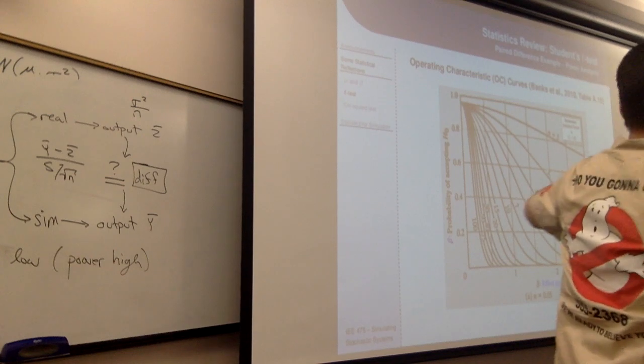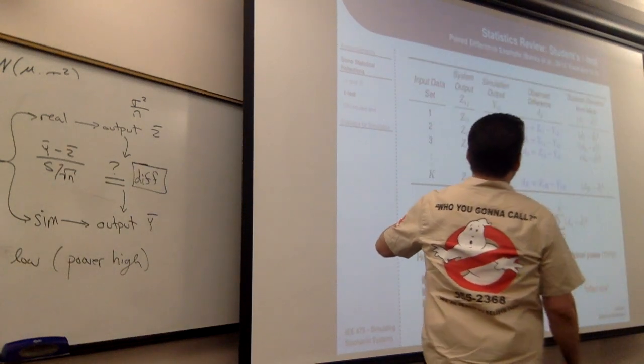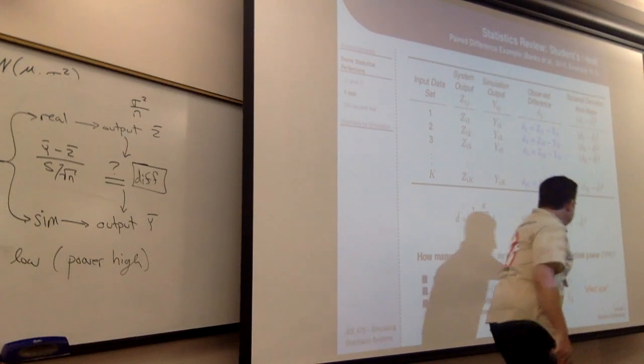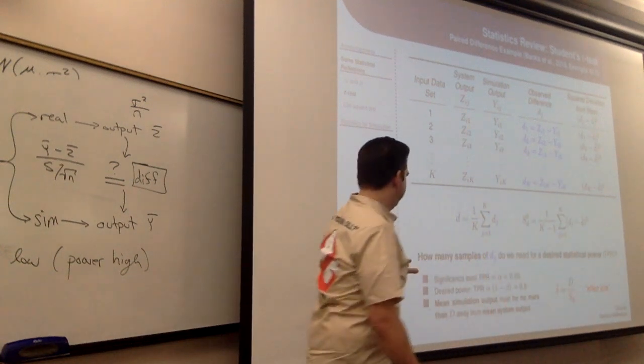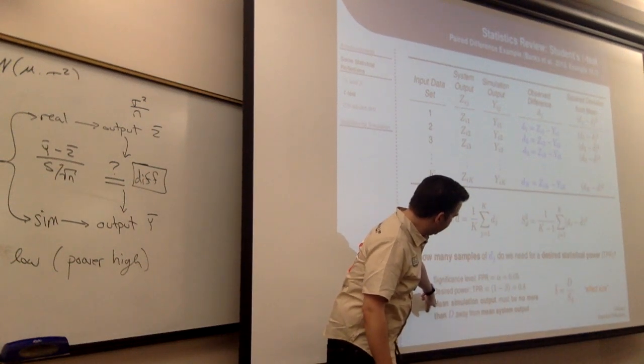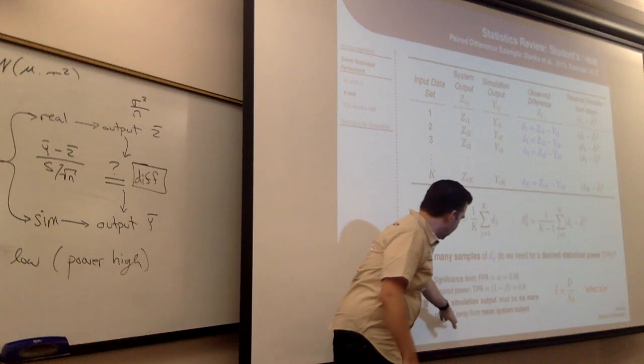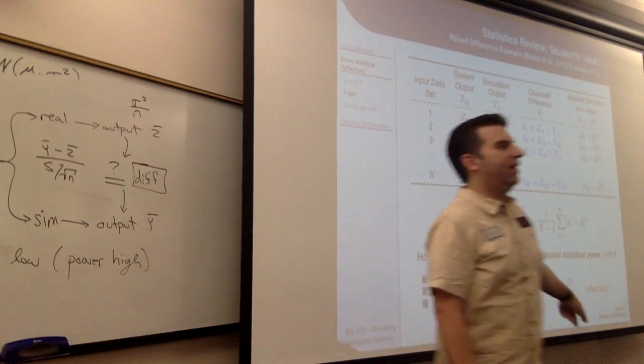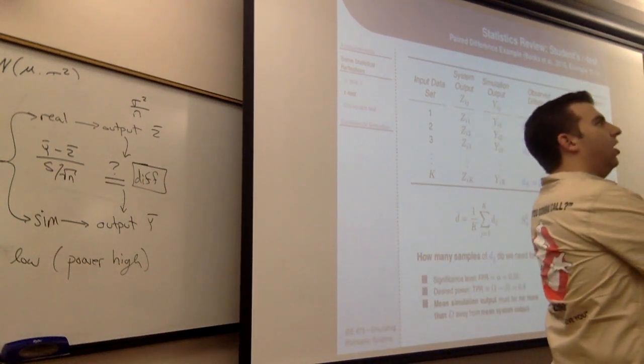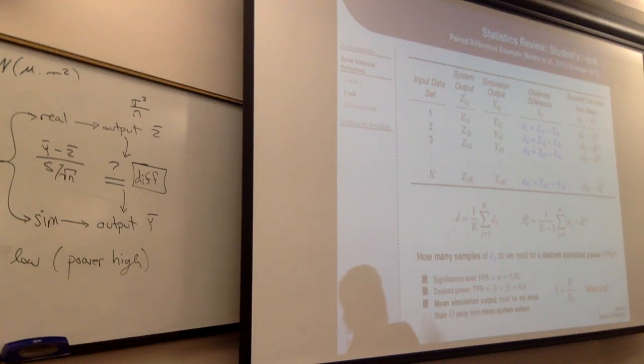Question? Going back real quick to the other equation, could you repeat what capital D was? Capital D is we're saying that the mean simulation output must be no more than D away from the mean system output. So it is our tolerance on how close our simulation has to be in performance to the real world. Okay, and is that given?